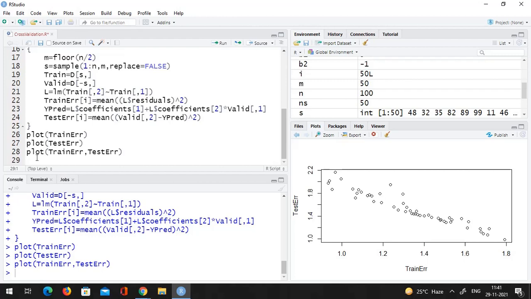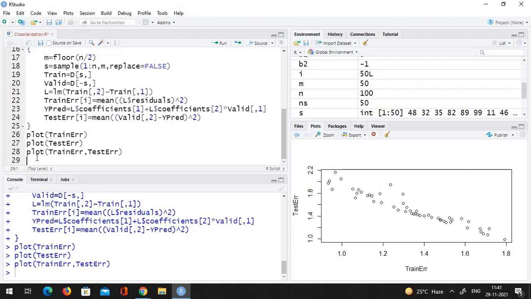What is this telling me? Is this an expected pattern or unexpected pattern? Any guesses are fine, you don't have to be perfect. Yes, it is expected.